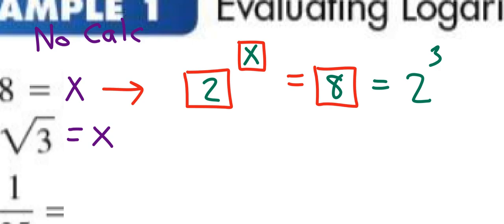Now before we answer this question, this might sound dumb, but if the left side is equal to the right side, how do I know that's true? Yeah. And the bases are exactly the same. What do we know about these exponents? They have to be the same. Yes, folks, it's that easy. X equals 3.